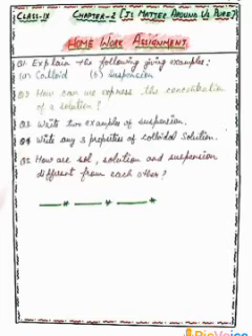Number one, mass by mass percentage of a solution is equal to mass of solute upon mass of solution multiplied by 100. Second, mass by volume percentage of a solution is equal to mass of solute upon volume of solution multiplied by 100.